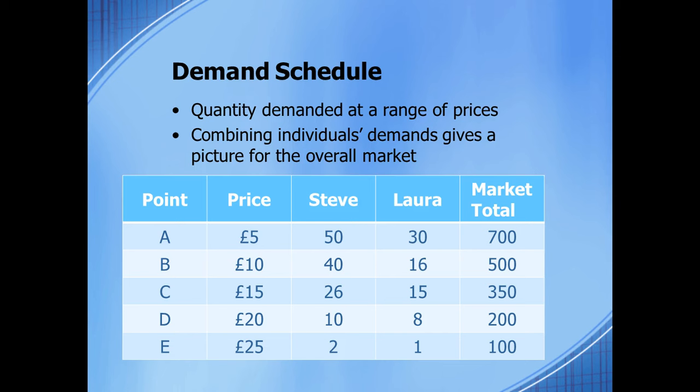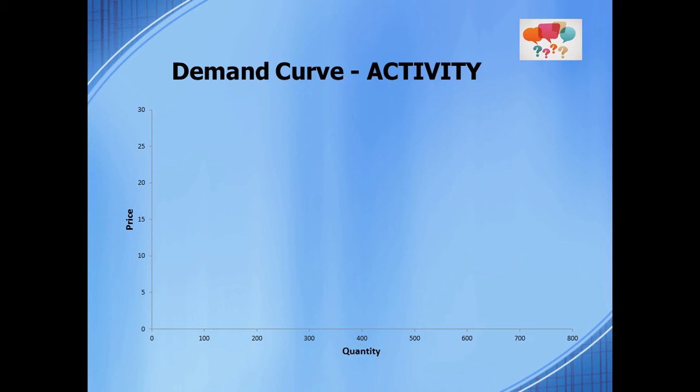If we plot this information on a chart, it creates a demand curve. So this is our chart here where we plot things. The price on a chart is always on the vertical y-axis, and the quantity is on the horizontal x-axis, and this always happens.